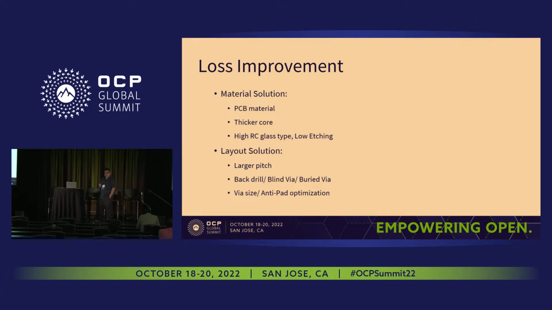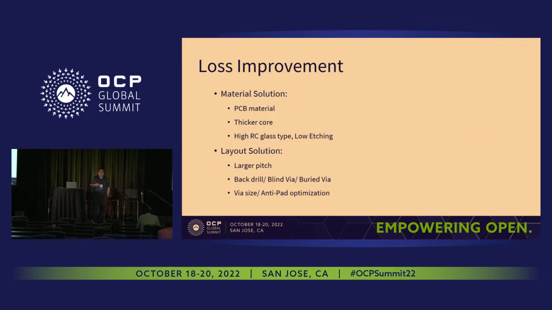So here you need to consider how your layout traces need to be placed, since a thicker core means a wider signal trace, and that will be a limitation on routing between the OAM traces. So the PCB material and the thicker core of the stack-up need to be considered together.